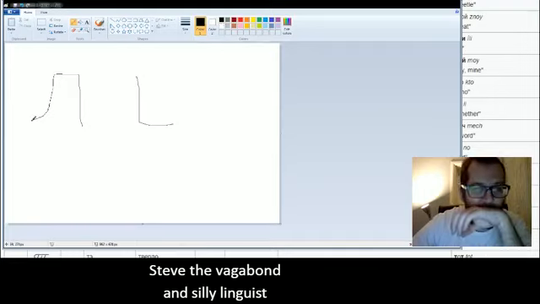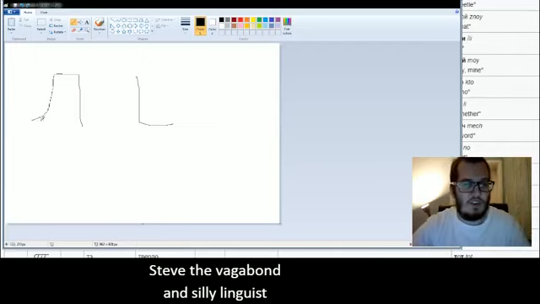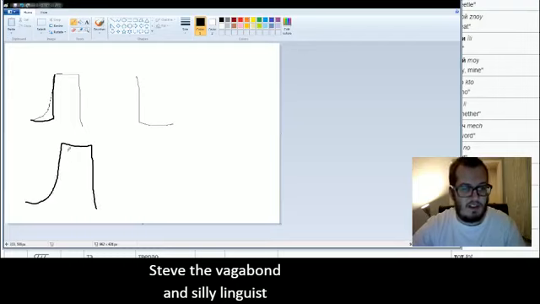Okay, so we've got this slope up here. So it looks a bit like the Russian P. The Russian P is like that. So we've got the slope up here, but the slope is just a backwards L. So the backwards L in Russian is a L sound.